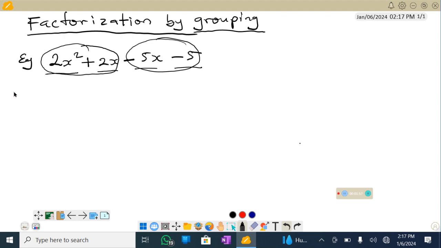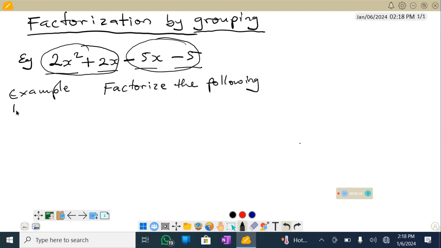So let's start. Example. Number one, factorize the following.